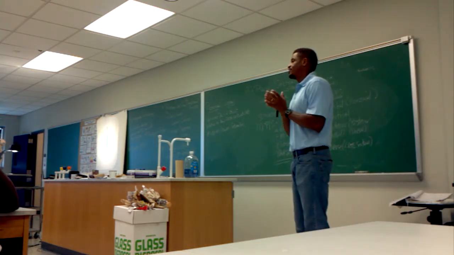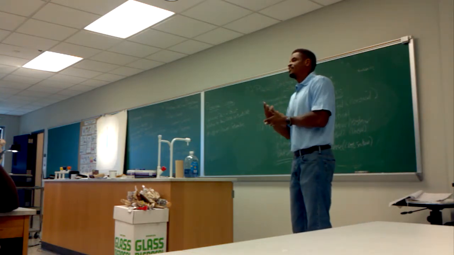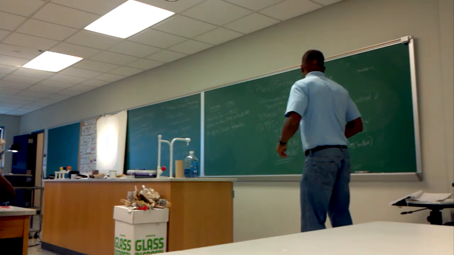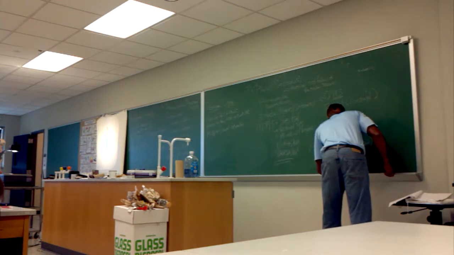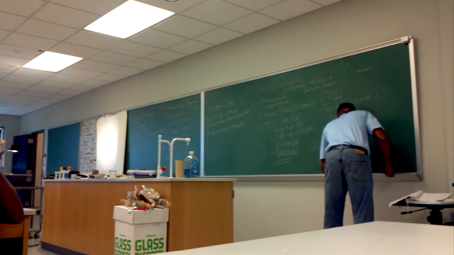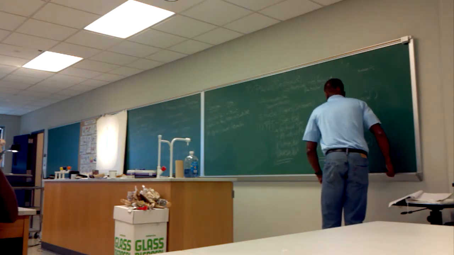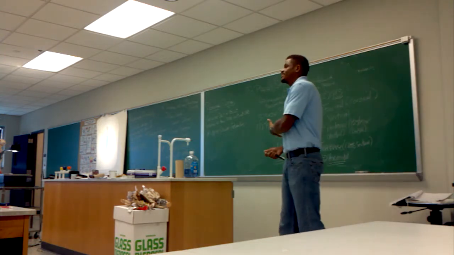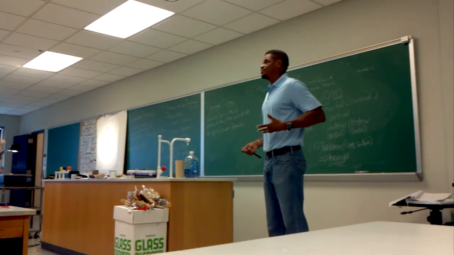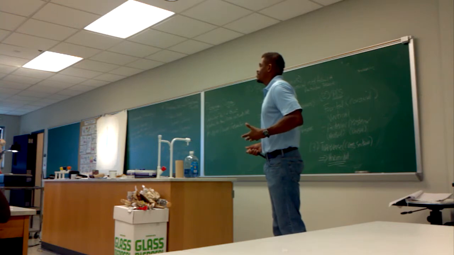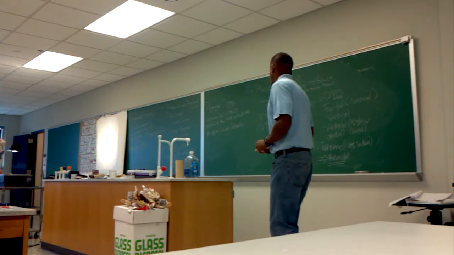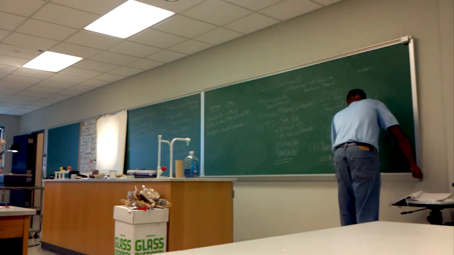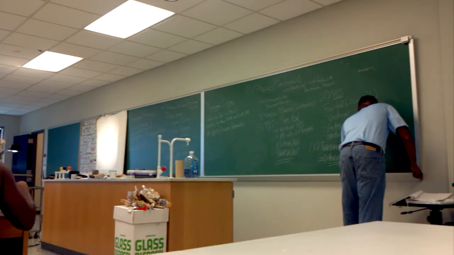It lies along the horizontal axis of the body, and if it cuts along the horizontal axis, a transverse section will divide the body or an organ or a structure of the body into what? A superior region and a what? An inferior region. So dividing into superior and inferior.